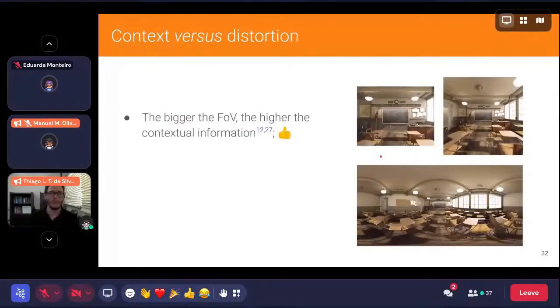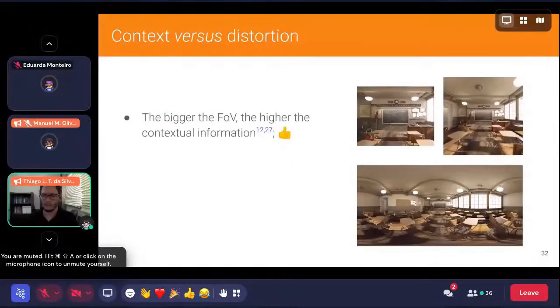So the first thing you may perceive is that we have a dilemma here. We need to somehow trade off between context and distortion. Here we have a regular camera capture, as I showed you before.